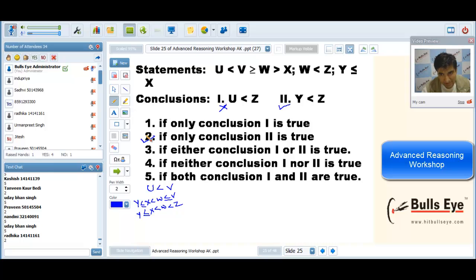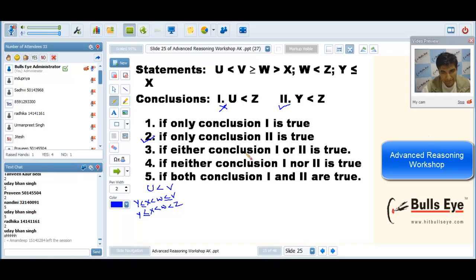Yes, people, the answer is only conclusion 2 is true. I have written the explanation. Please go through this. Sadhvi, answer is second.